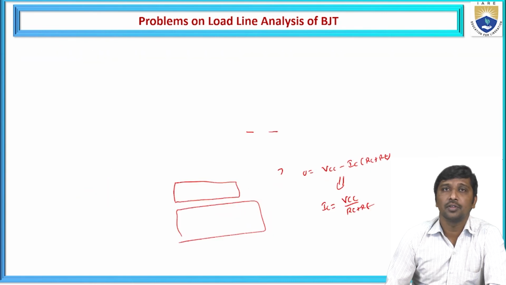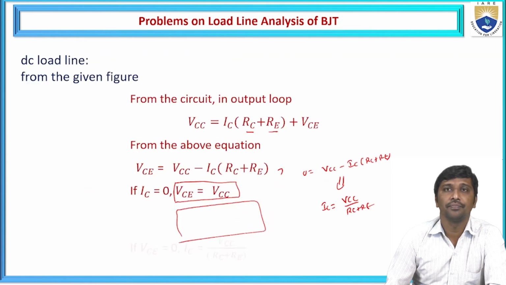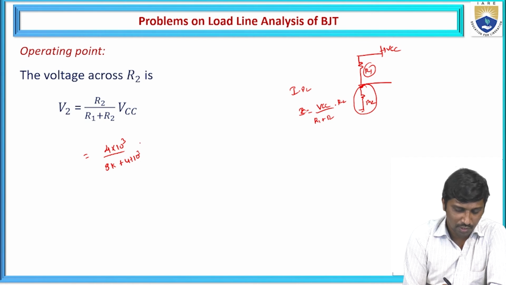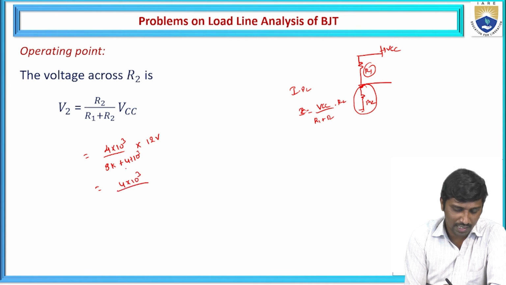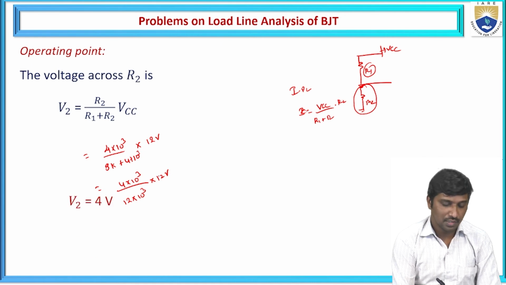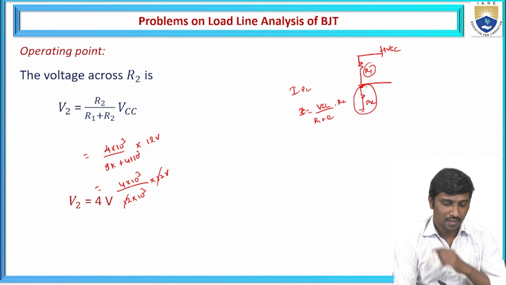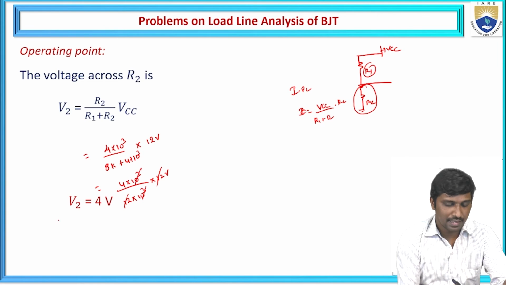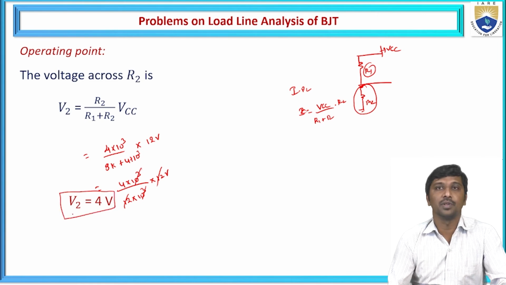So R1 is 8, R2 is 4 kilo ohms, into VCC which is 12 volts. Now you can solve this. This is 4 into 10 power 3 by (8 plus 4) kilo ohms, 12 kilo ohms, into 12 volts. Hence the 12 gets cancelled, 10 power 3 gets cancelled. Hence V2 is 4 volts.